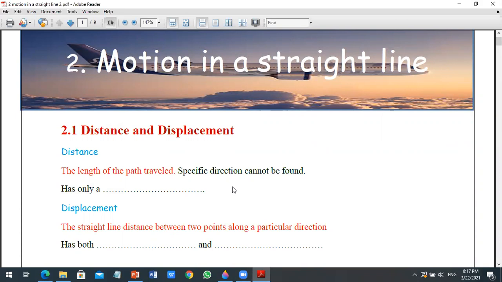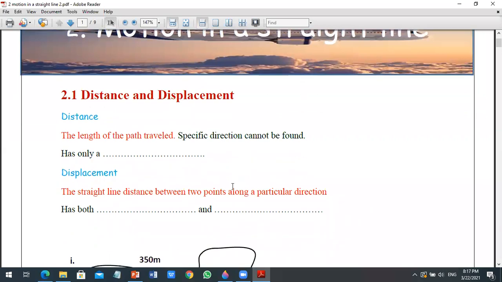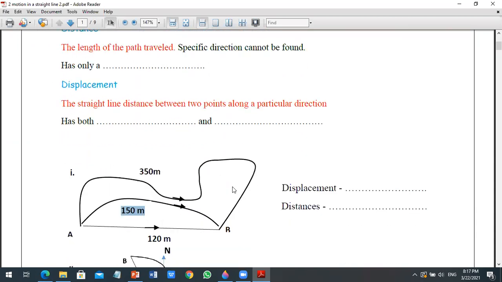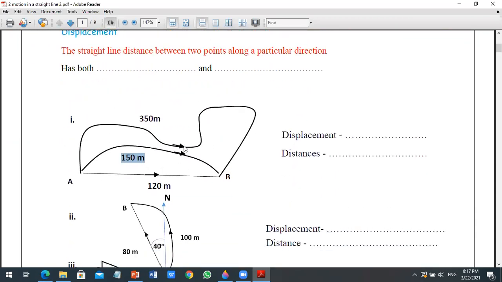When you have a PDF printout as a hard copy, you can fill in the answers while I am conducting the class. Since this is the first day, I think you don't have it with you today. Yes, teacher.